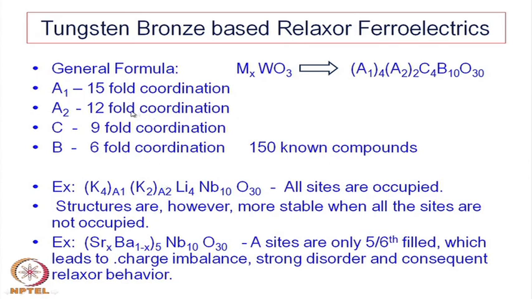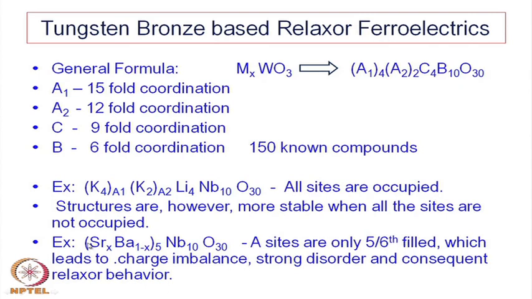Structures are however more stable when all the sites are not occupied. So, if the occupancy factor is a little less, then the structure seems to be more stable. One of those structures is strontium barium niobium oxide, or niobate. The A sites are only 5/6 filled.